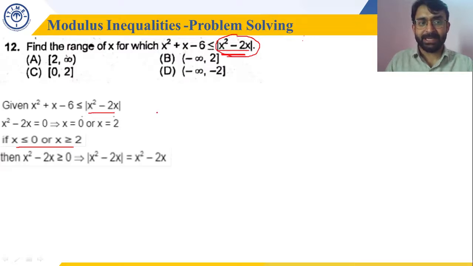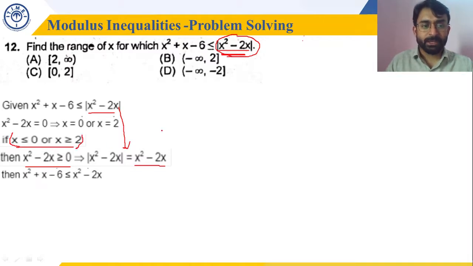So I can say x square minus 2x is greater than 0. That means mod of x square minus 2x is x square minus 2x. We have discussed this verbally as well. For a quadratic expression, when the value is greater than 0, the range of x will lie outside the interval.